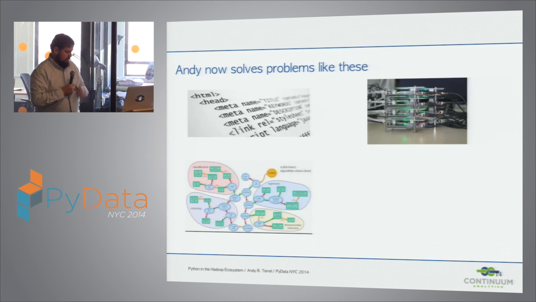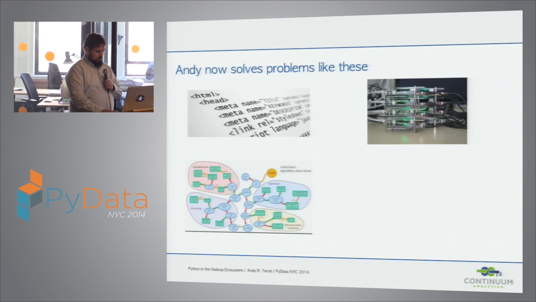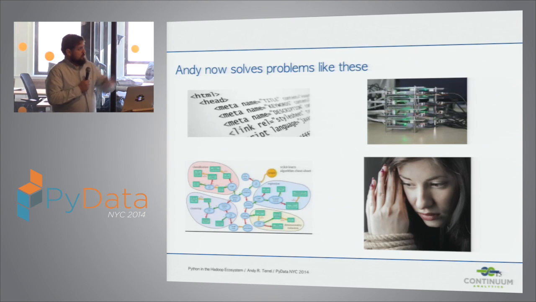And so the question is, why is this interesting to Hadoop? Well, it turns out now the problems I solve start with HTML files and free text, go to machines that look like this, which is literally, if you Google image Hadoop cluster, that is what you get. I'm not trying to be pejorative.